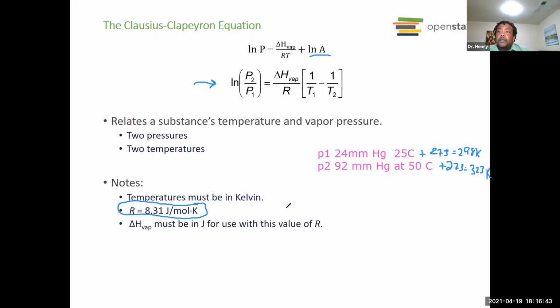Okay, so then it becomes pretty simple. I can just plug it directly into this equation and solve for the delta H vap. So I'll say delta H vap equals ln P2 over P1 times R over 1 over T1 minus 1 over T2.